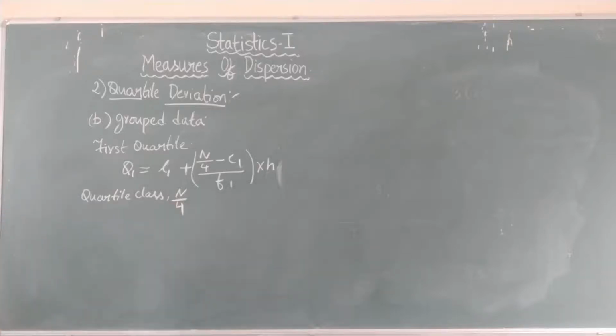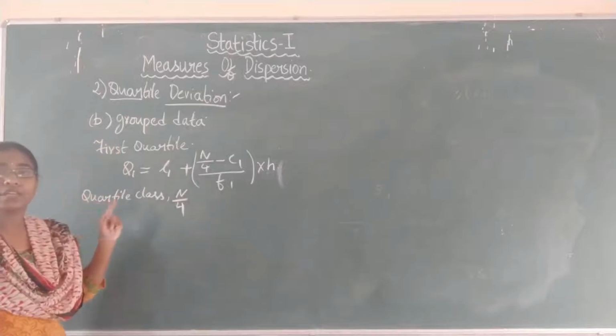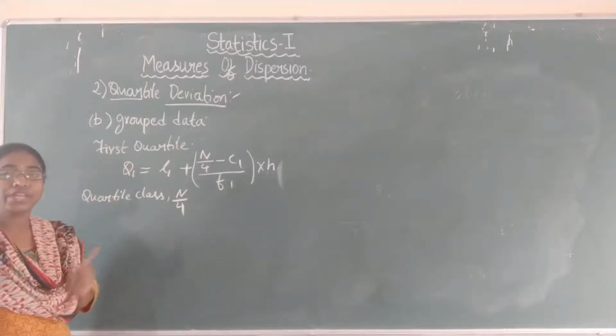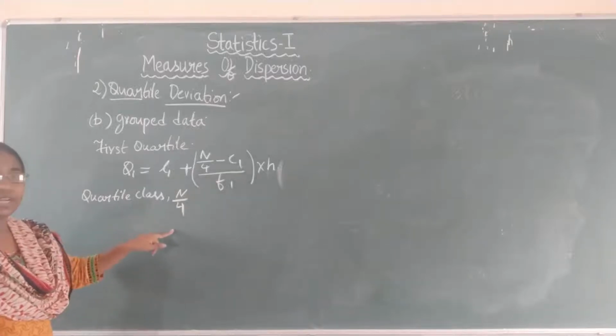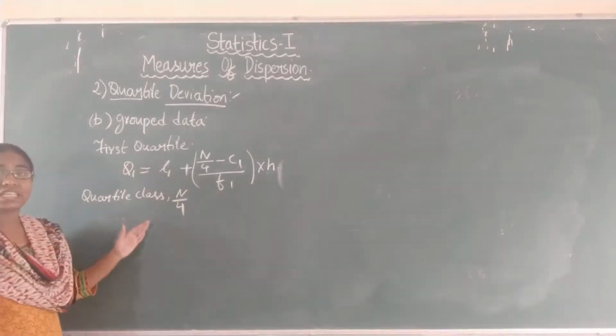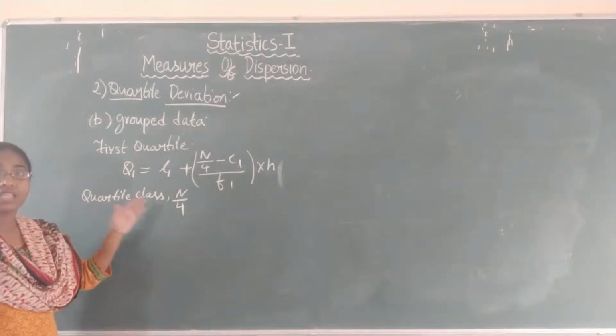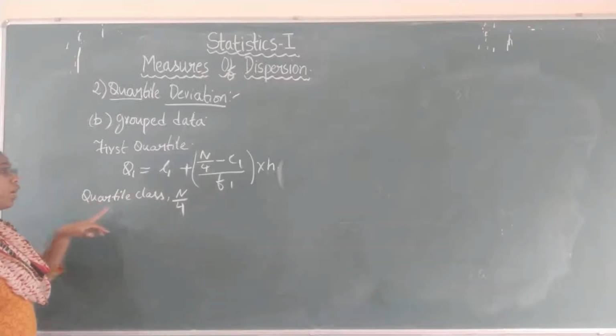After calculating the N by 4 value, we will check in the cumulative frequency. Same as the median, for quartiles also, we need to calculate the cumulative frequencies. In the cumulative frequency, whichever value you get just greater than N by 4, that corresponding class is considered as the quartile class.